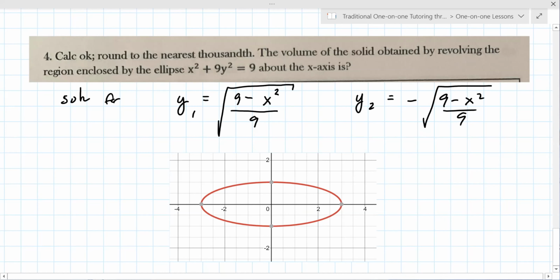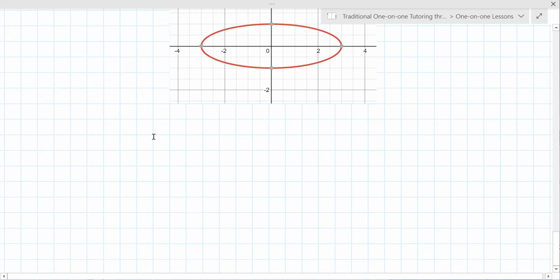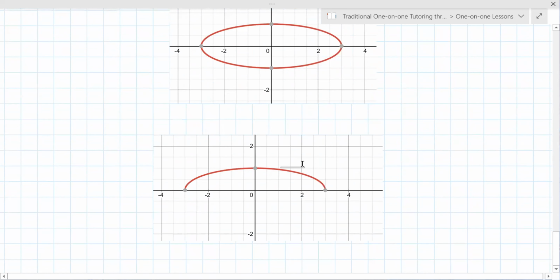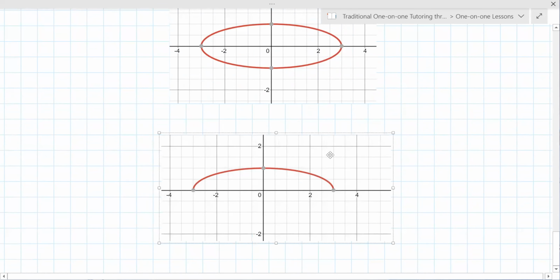So when you revolve just the top half, you get the same three-dimensional figure as revolving the whole thing. Hopefully you believe me. If you don't, we're going to have to go with it for the moment, because this is the more common problem.